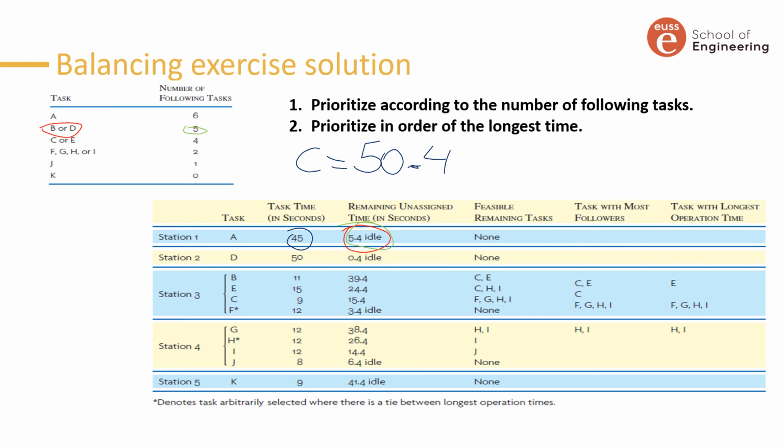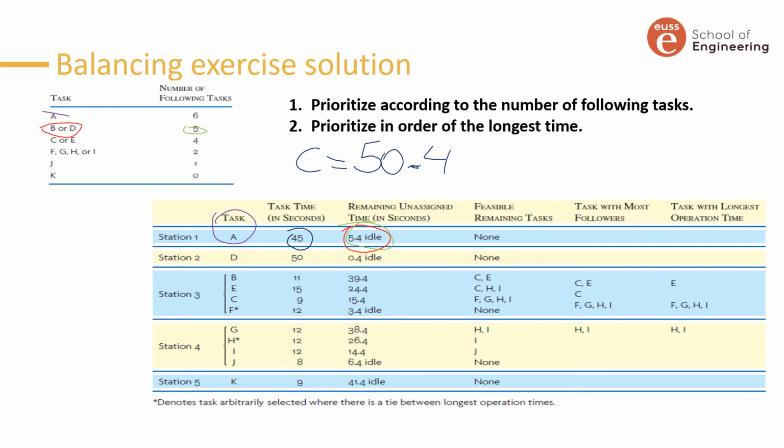Why? Because based on the predecessor relationship, we can't assign the tasks while the predecessor of them are not done yet. So to this end, task A only goes to station 1. So we assign task A.